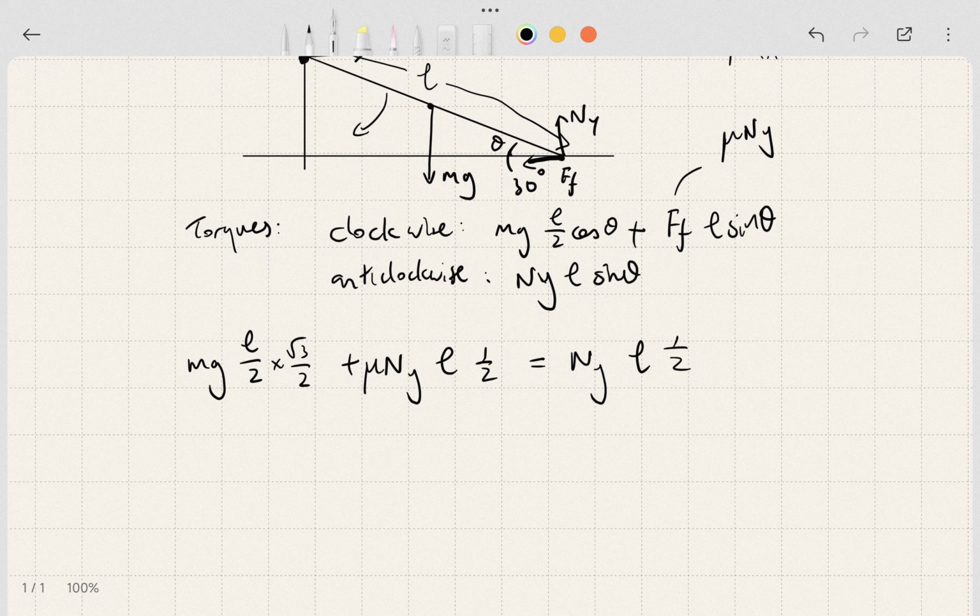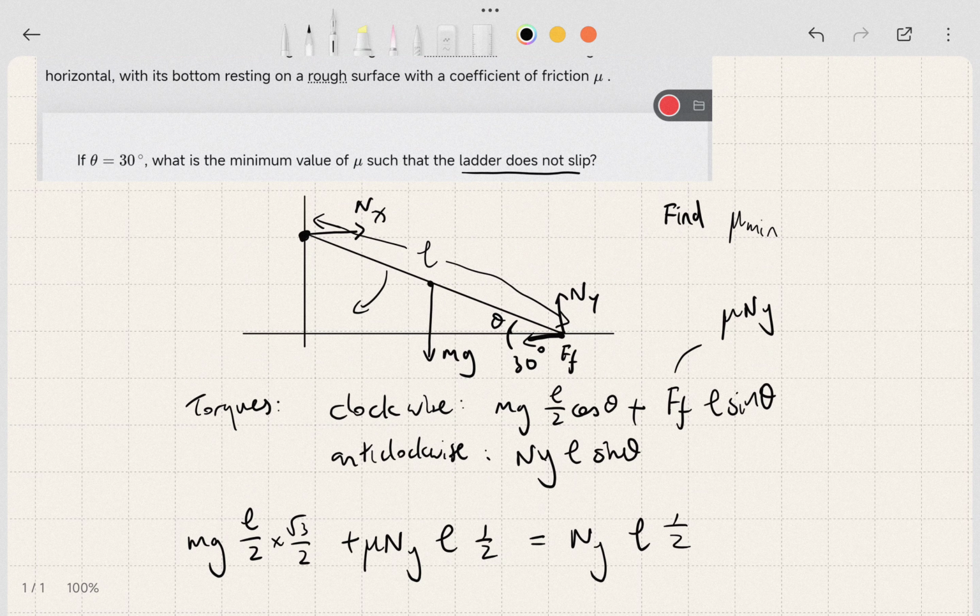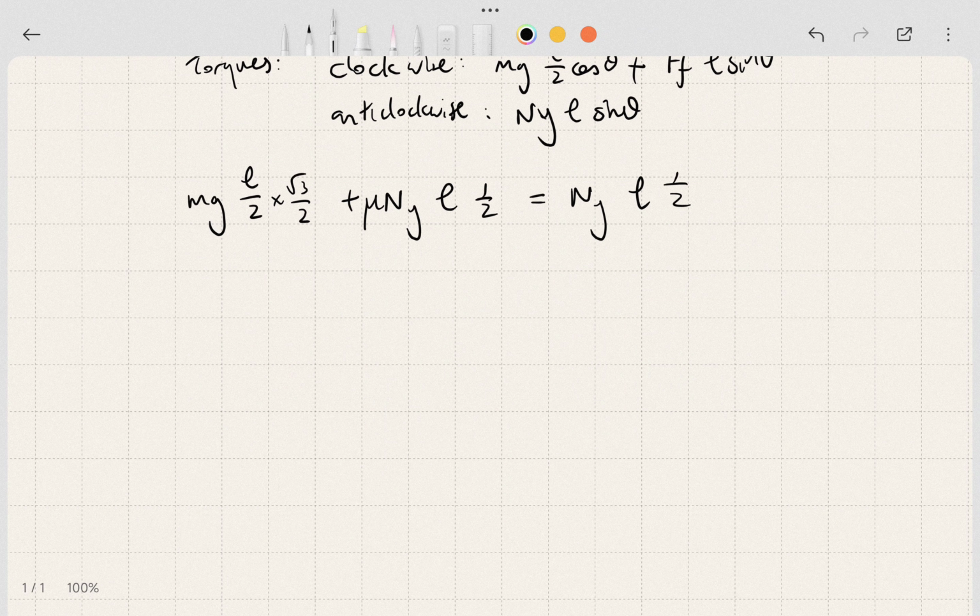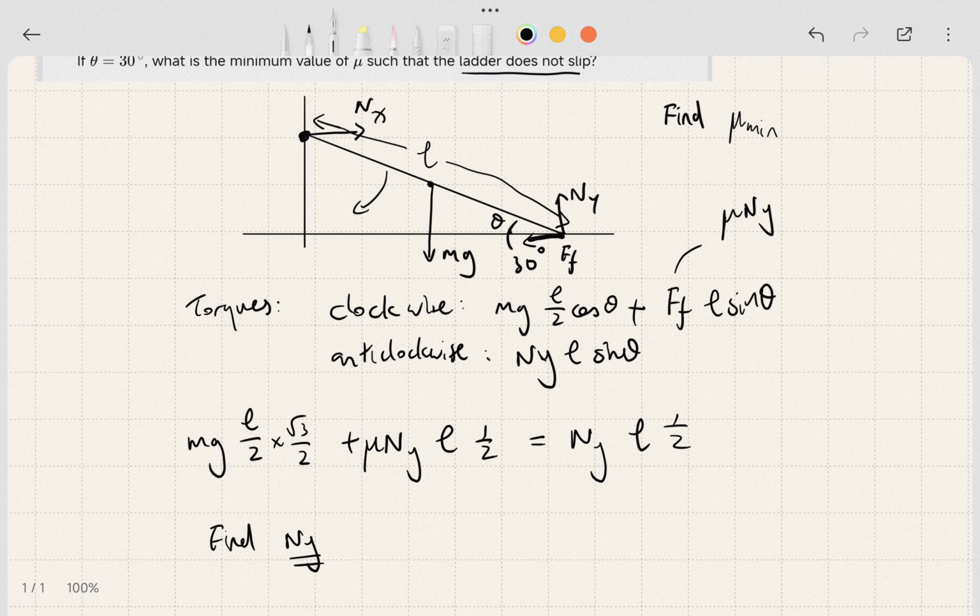So now what we don't know is Ny. We want to find what Ny is. And we know that Ny is the normal force at that point.